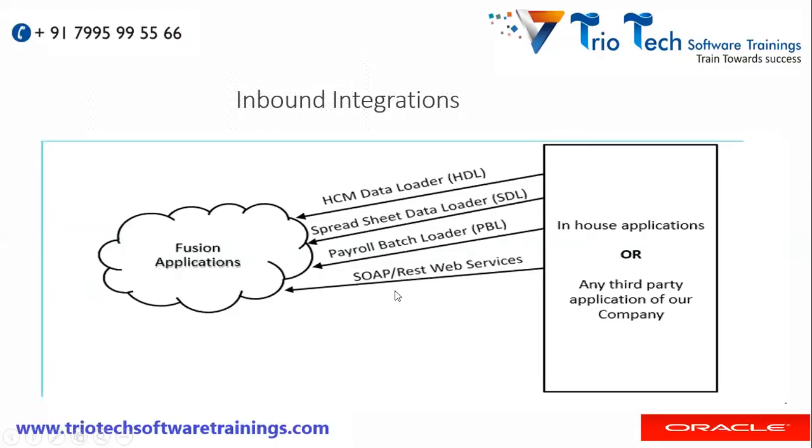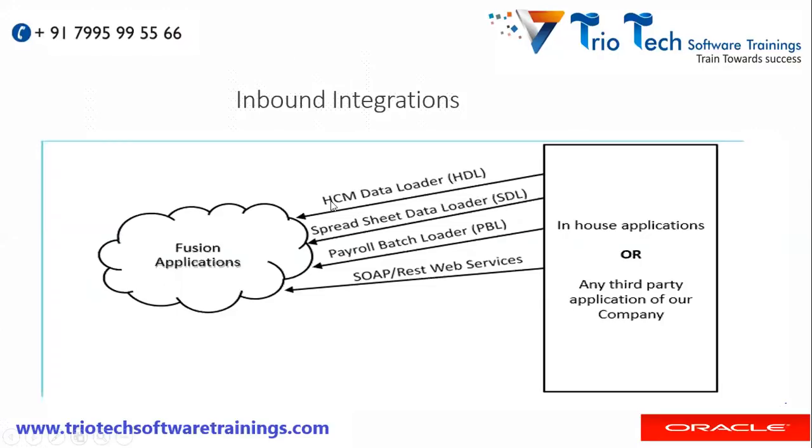Giving more of an overview on inbound integration, it means that we want the data to be imported into the application from various sources. So we have the HCM Data Loader, termed HDL.